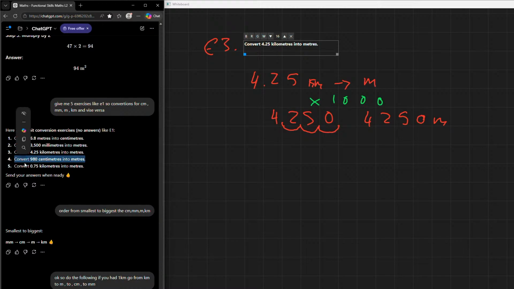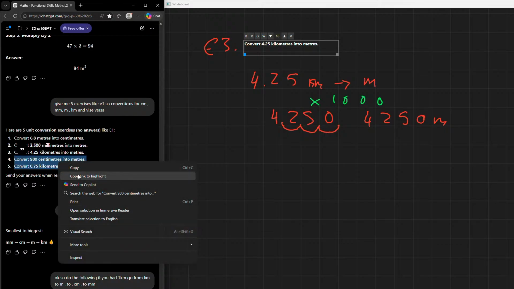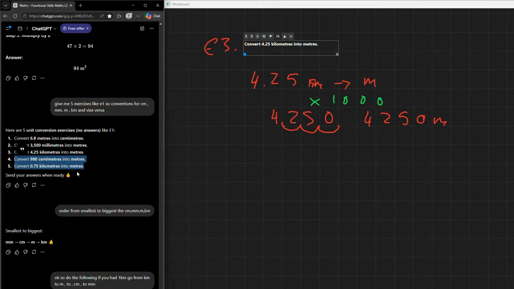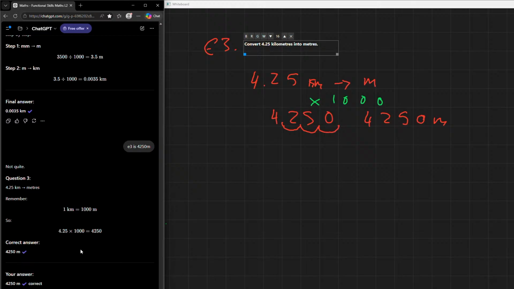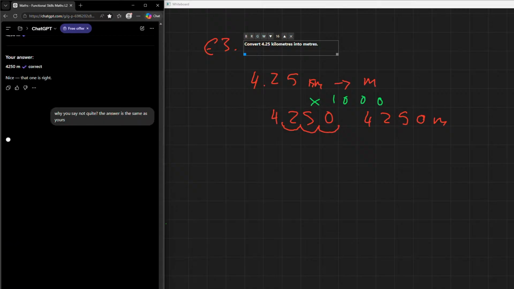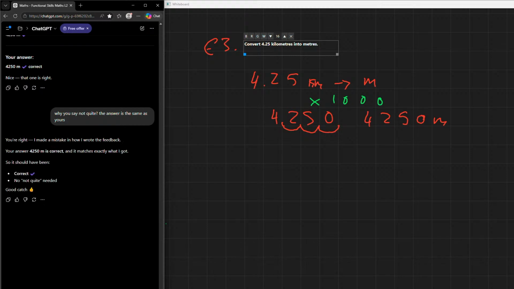Then we have exercise 4. So it's 2,250 meters. Okay, there we go.